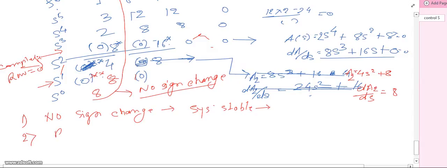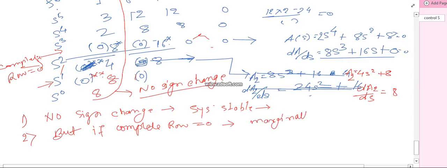Second, if a complete row is equal to 0, then what? Marginally stable.